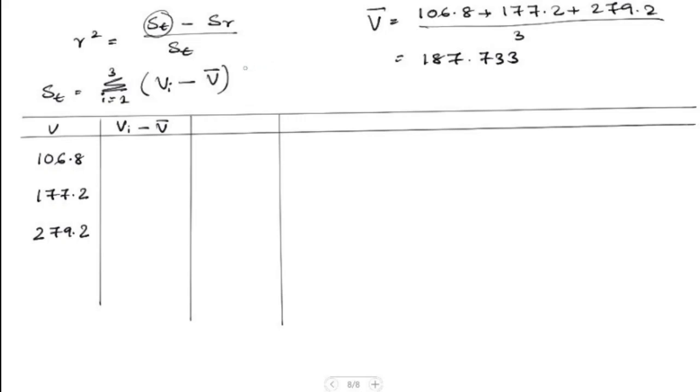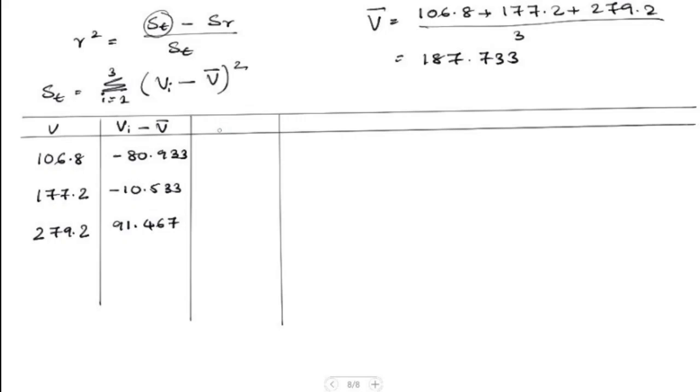The formula for S_t is also squared here, I forgot that. So when you subtract the average velocity 187.733 from each of these velocities, 106.8 gives you minus 80.933, then minus 10.533, and 91.467.